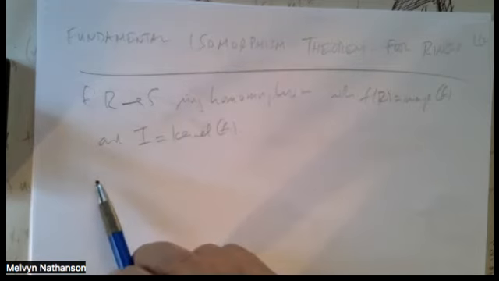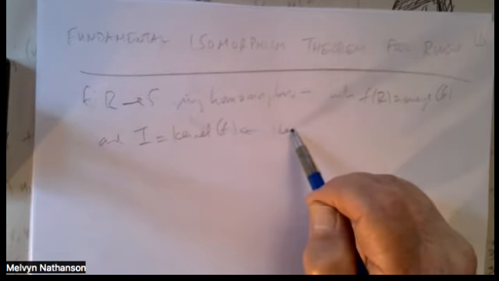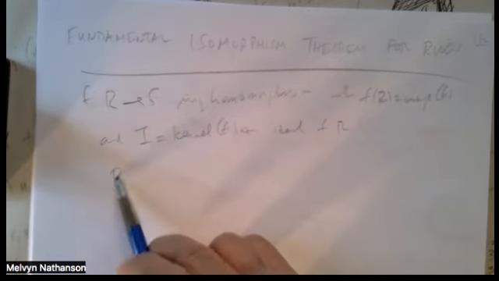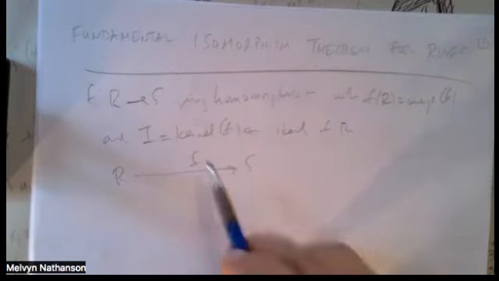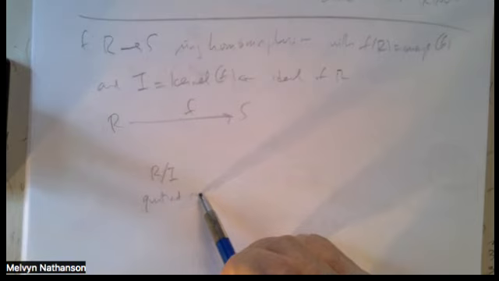But so we have kernel of f is an ideal of R. So here I have my ring R, and I have this homomorphism f from R to S. But because I is an ideal, I have a quotient ring. And from R to R mod I I have this canonical homomorphism, pi.